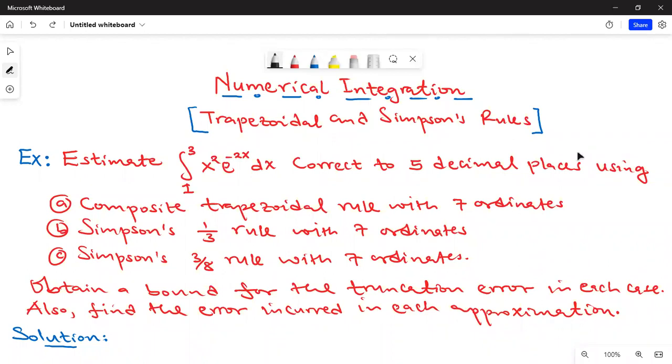Today we are going to look at numerical integration, and in particular the trapezoidal rule and Simpson's rules. So we have this question.